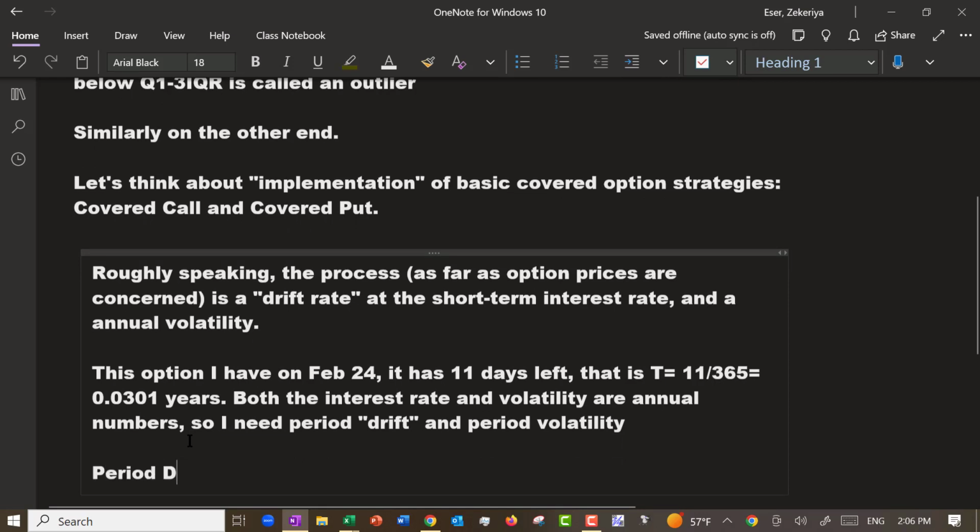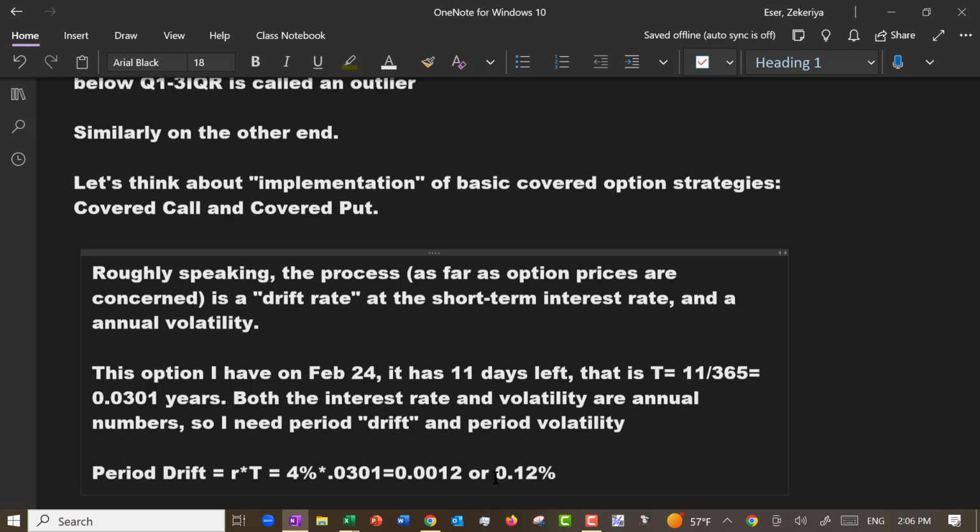Period drift, let's just call it D. It's interest rate times T. So if it's 4% times 0.0301, or 0.12%.